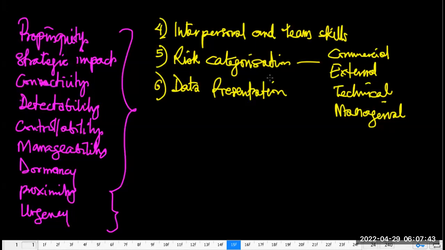So there's data presentation. With respect to risk, its probability, you should be able to present probability and impact. Matrix.